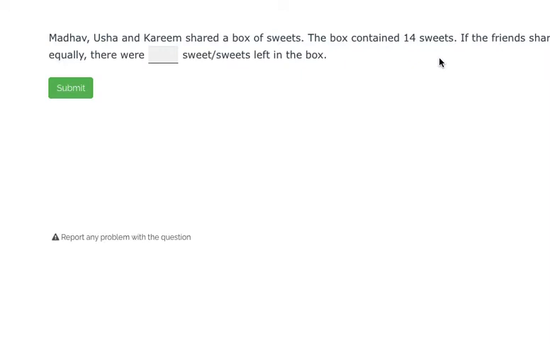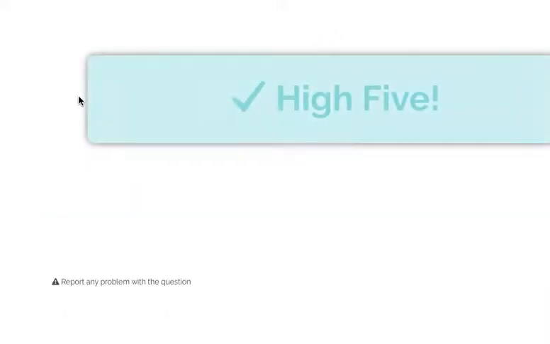That's all we can go till. So 12, then 2 will be the remainder, because 14 minus 12 is 2. You can't subtract a bigger number from a smaller number. So the answer is 2 sweets.